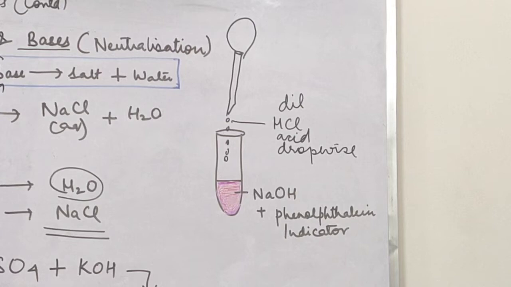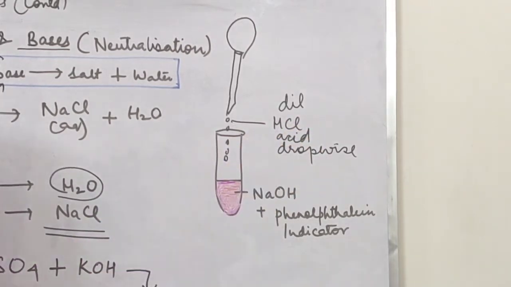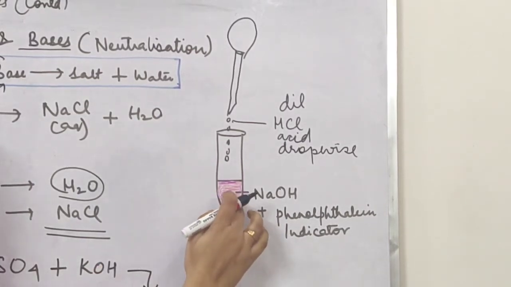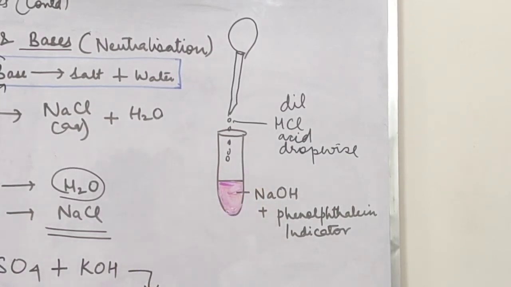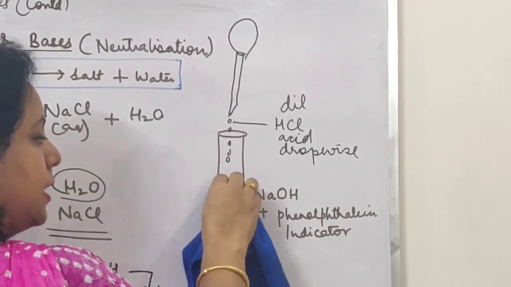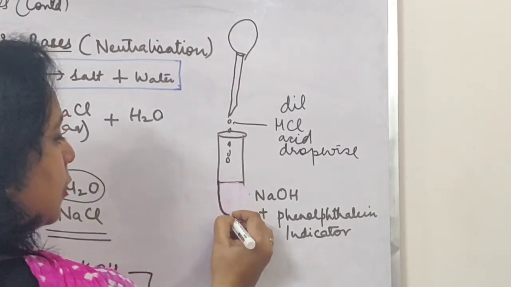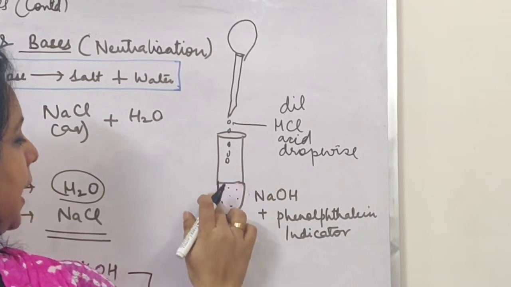Slowly, as the neutralization reaction is taking place, we know that in acidic solution, the phenolphthalein indicator is colorless, as well as in neutral solution also, it is colorless. So what is going to happen? Slowly, this color is going to be vanished. It is going to get vanished, and the solution will be clear again.